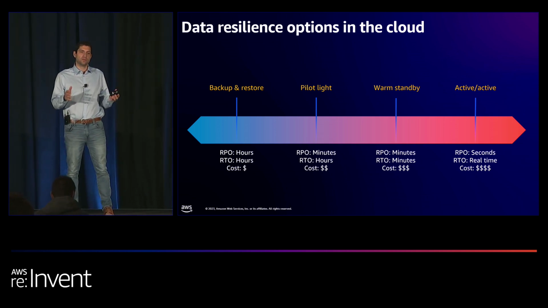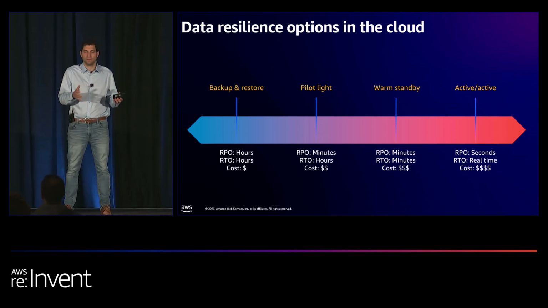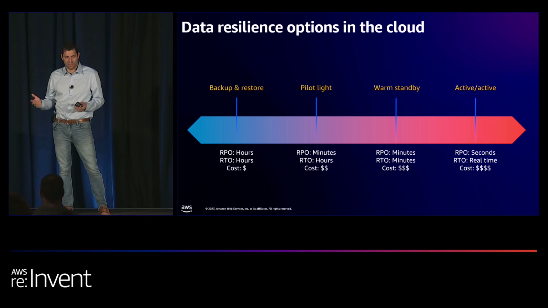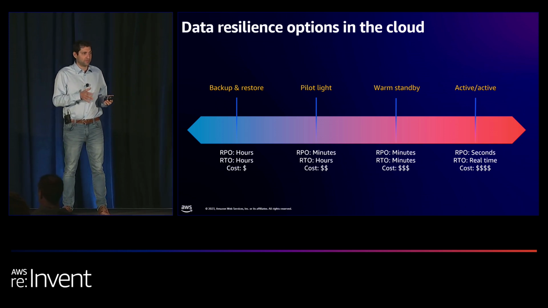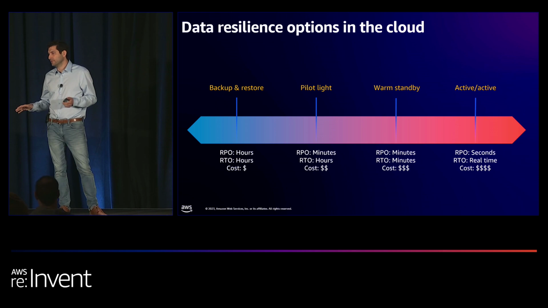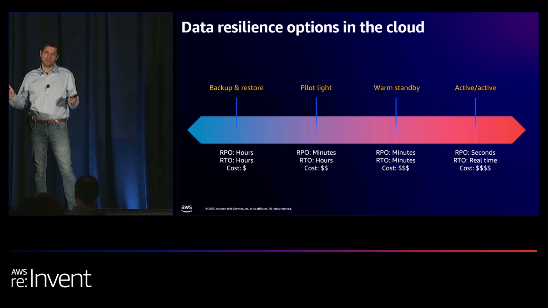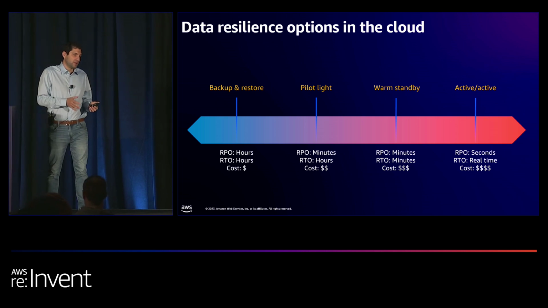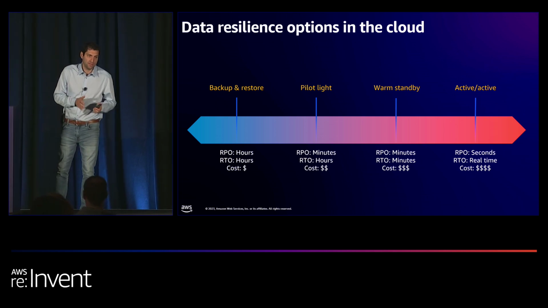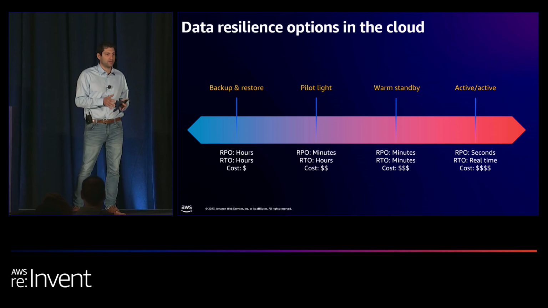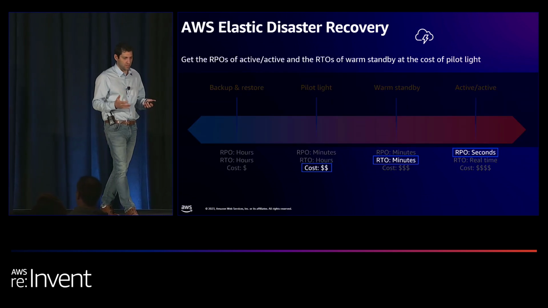But I'll focus on the simplest and the main driver that we see. And that's the trade-off between recovery objectives that we've discussed, RPO and RTO, and cost. Very simply, if I want more aggressive and lower recovery objectives, I'll need to pay more for the infrastructure.